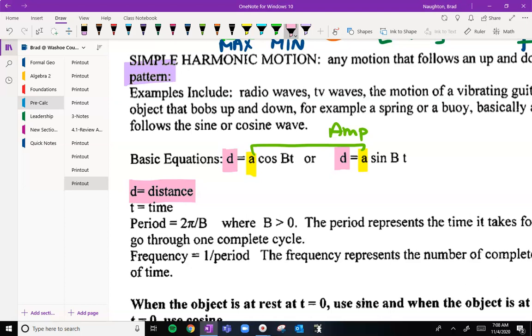Okay. Then we're going to have T for time, as it almost always is. And then we're going to have our period. So again, this is going to come back to the sine and cosine. Okay. So we really take that B, and we're going to go ahead and do 2 pi divided by b, just like we have done, I feel like, a zillion times at this point. Okay?